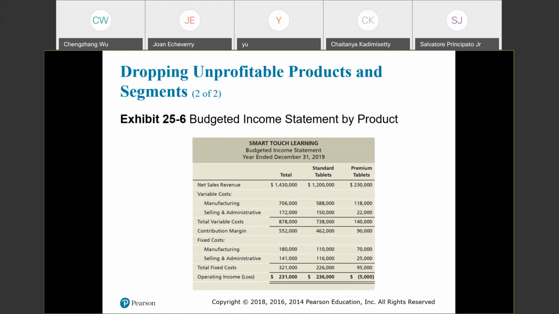So in this case, the company should drop the product. However, if the product has a positive contribution margin, then it is helping to cover some of the company's fixed costs.